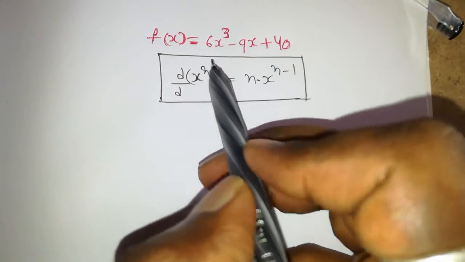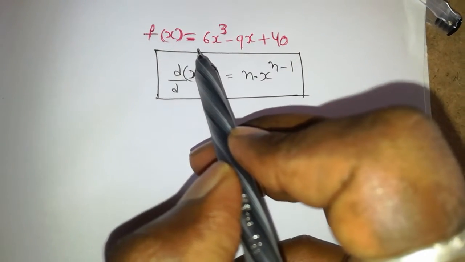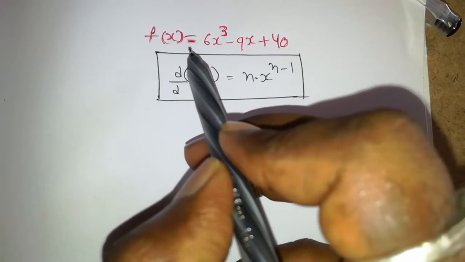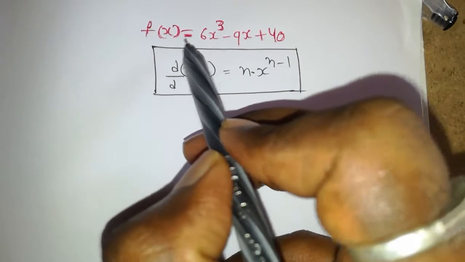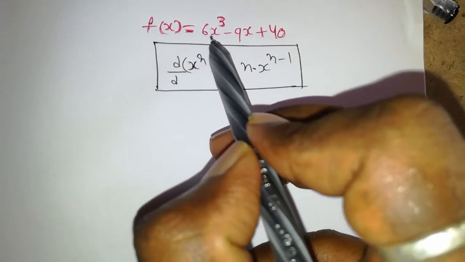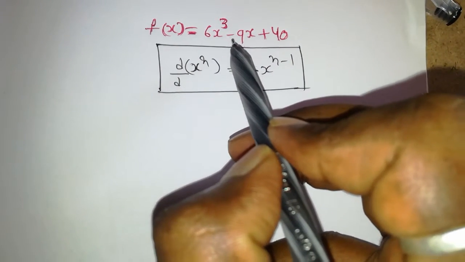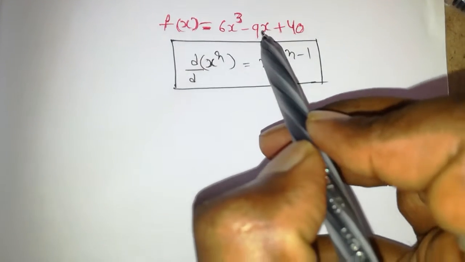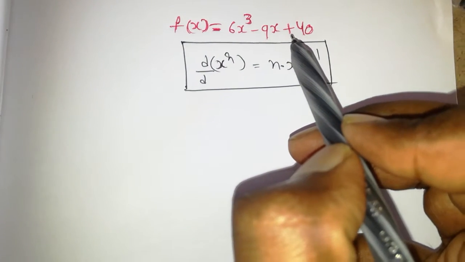Now we are going to find the derivative of the function f of x equals 6x cube minus 9x plus 40.